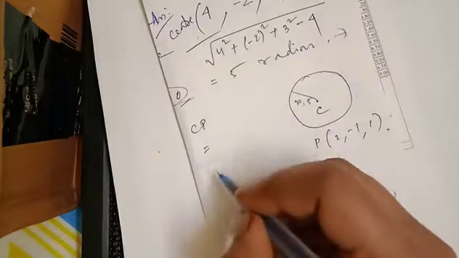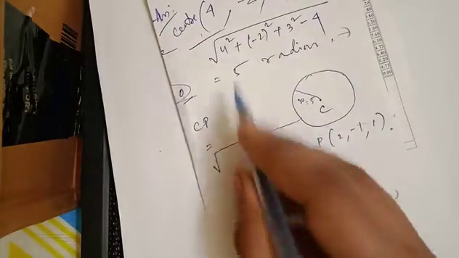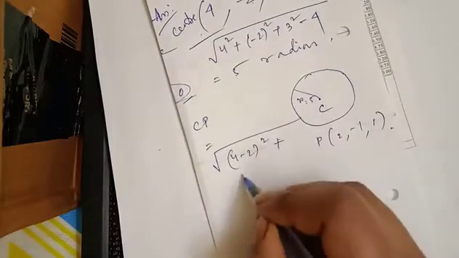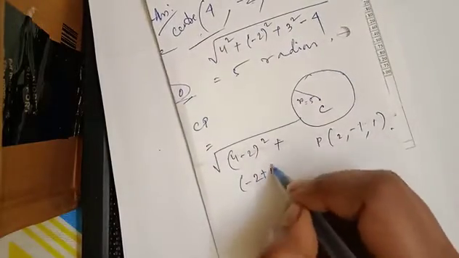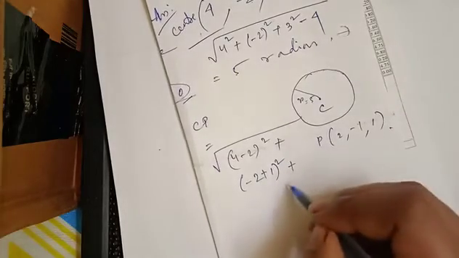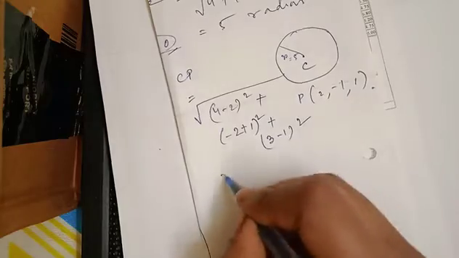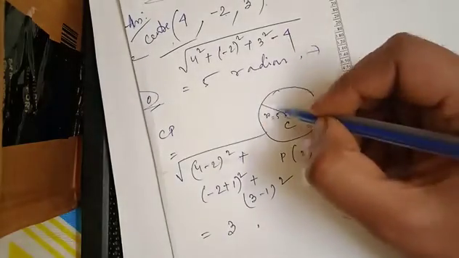Applying the rule, root over (4 minus 2) whole square plus (minus 2 plus 1) whole square plus (3 minus 1) whole square. After calculation we get 3. So CP is 3, which is less than r.